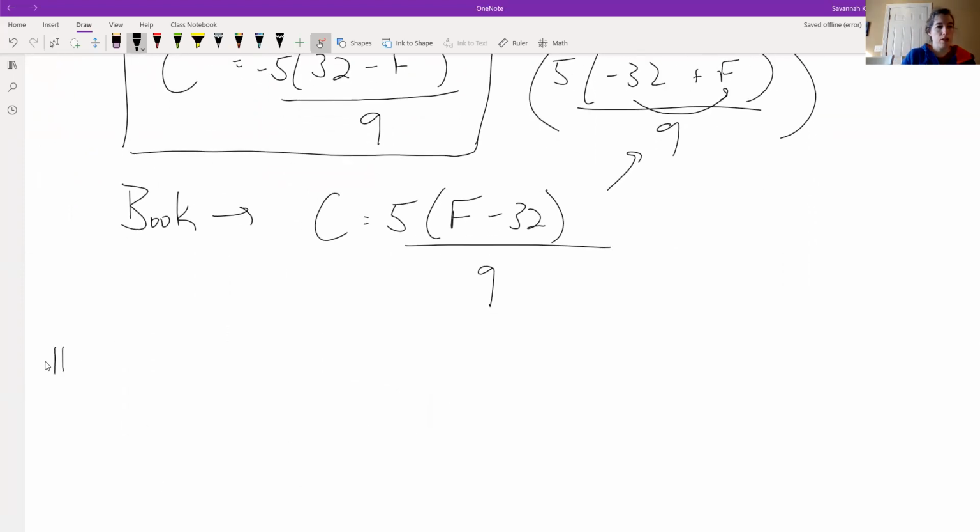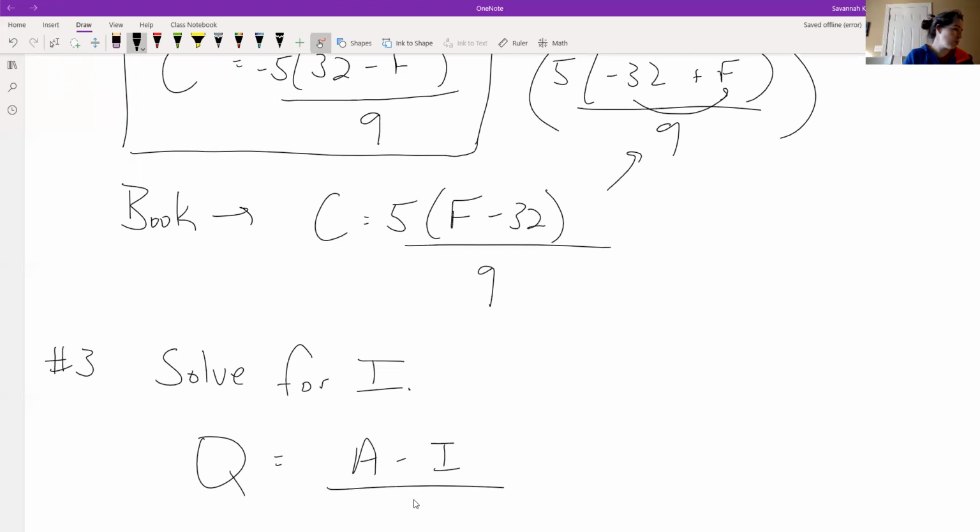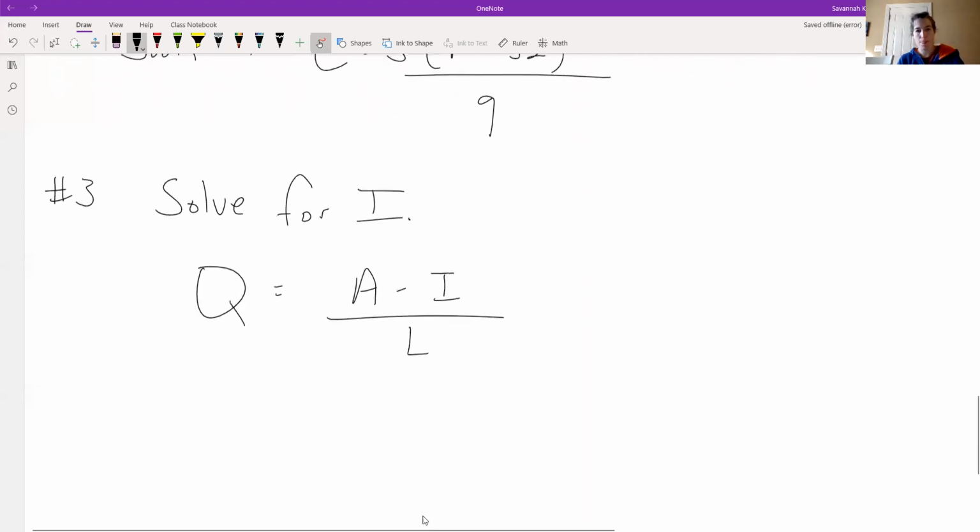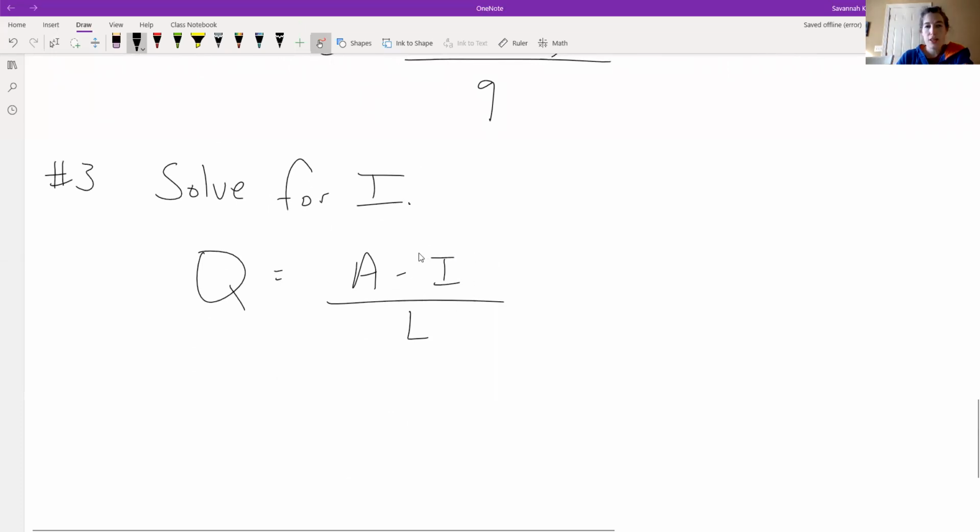So, okay, number 3. This is from the world of finance. So we want to solve this equation for capital I. So we've got capital Q equals capital A minus capital I all over capital L. Okay, so here's this I. This is the thing that we want to have isolated on the left-hand side, but it's not going to be as simple as just adding or subtracting it over like we've been doing.